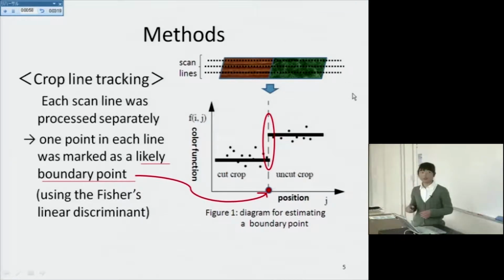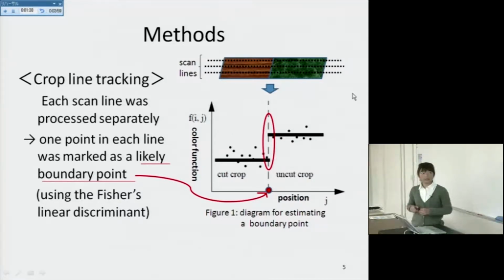Each point indicates the relation between the position and color function. As you can see, these points are divided into two groups. Then, by Fisher's linear discriminant, we can decide what point is the boundary between the two groups.